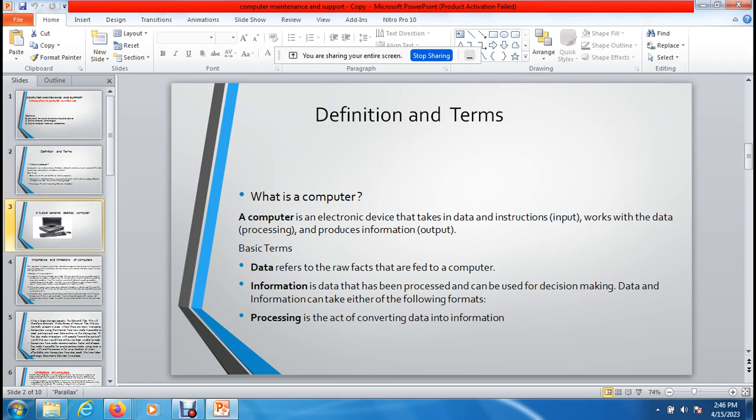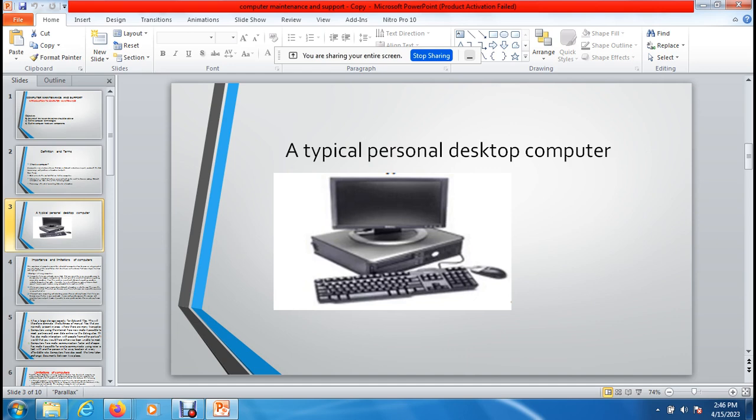Let us move on. We see the typical personal desktop computer. I hope for now in your computer lab, you have seen a computer, which is composed of various parts, or consists of various parts.